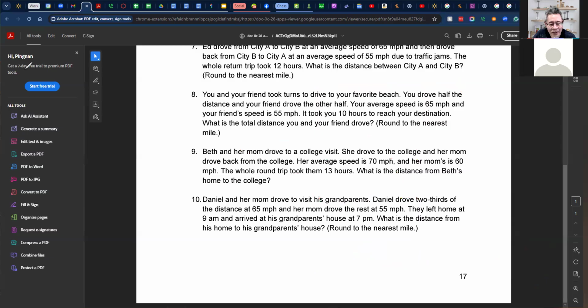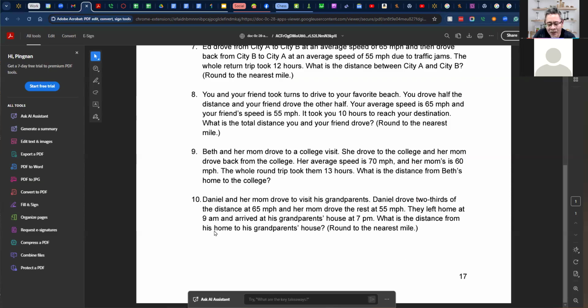Okay. Now, number 10 is a little bit tricky. You had to put some thought into it. Daniel and his mom drove to visit his grandparents. Daniel drove 2/3 of the distance at 65 miles per hour, and his mom drove the rest at 55 miles per hour.